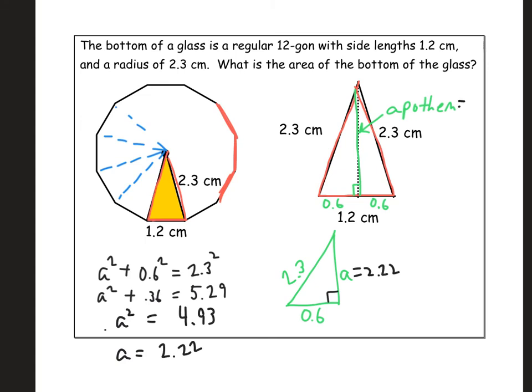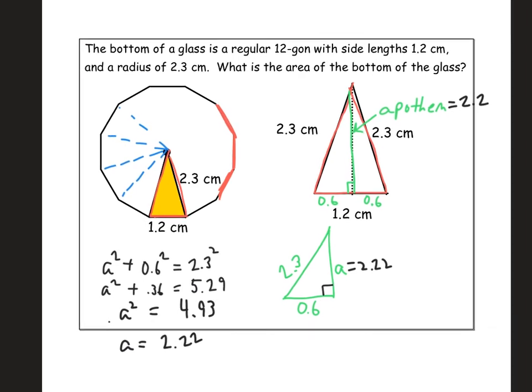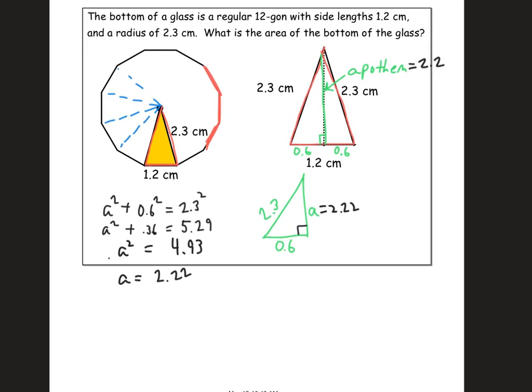So that is the apothem, the height of each triangle. What we have to do now is find the area of one triangle and then multiply by 12. The area of each triangle is 1/2 times the base, which is 1.2, times the height we just found, which is 2.2.